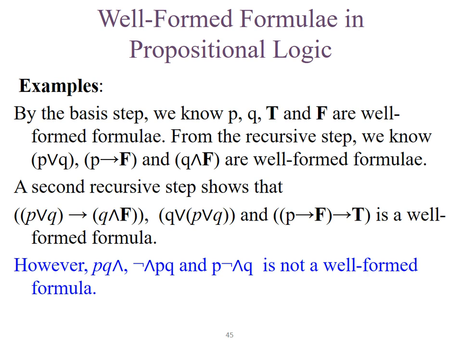So if we apply the recursive step again, if we consider this is E, then if E then F is also a well-formed formula, therefore we have if E or Q, then Q and F.